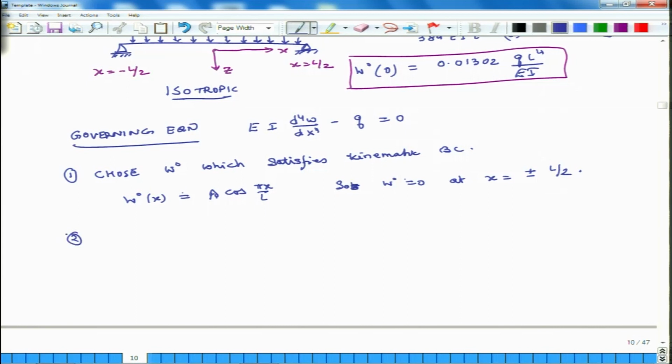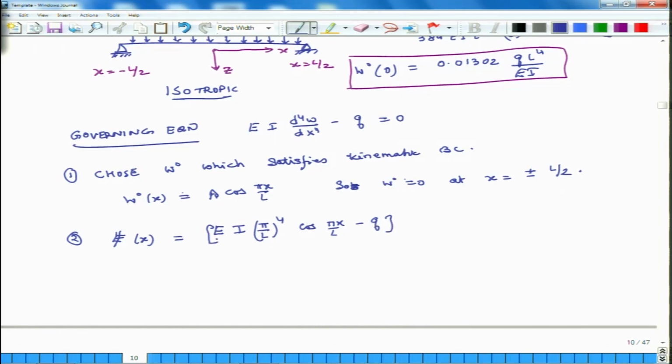Second, we find the error using this function. So error is, we substitute this W in the governing differential equation. So error in this case is a function of x, because there is no y, and this is equal to EI, and I differentiate W 4 times, so I get A times pi over L to the power of 4 cosine pi x over L minus q.